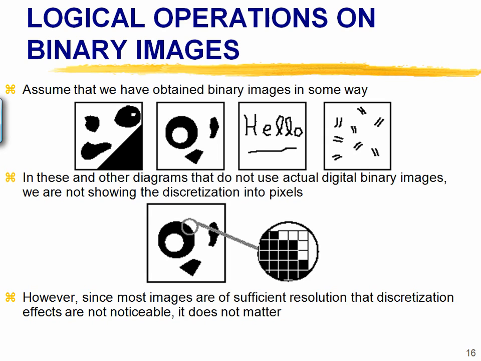So it's not going to be smooth and continuous, it's going to look something like that. Now, as a result, all the processing that we do on these images has to be defined in terms of pixel level operations. And that's exactly what we do for binary images.